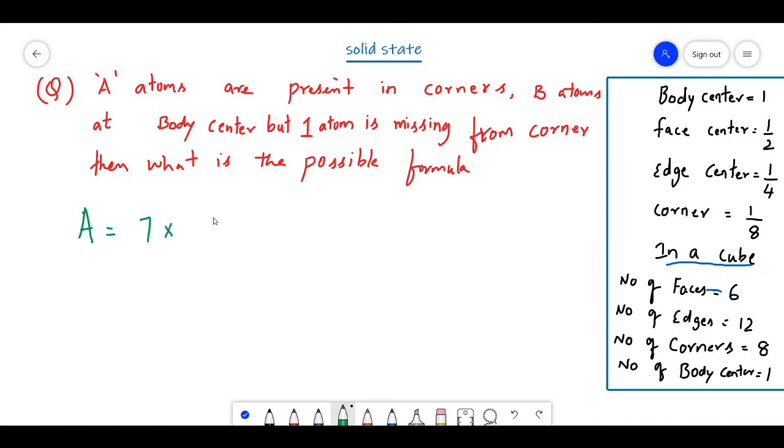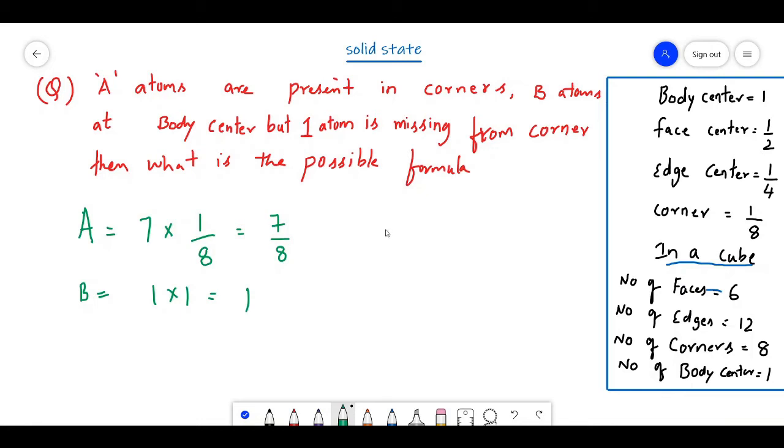And the contribution is same. So it is 7 into 1 by 8. And we get a value of 7 by 8. Now in the same way, let us calculate for the B. For B there is no change. It is present at body center. So it is 1 into 1 which is equal to 1.